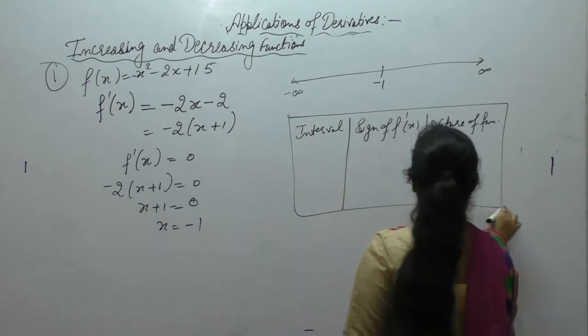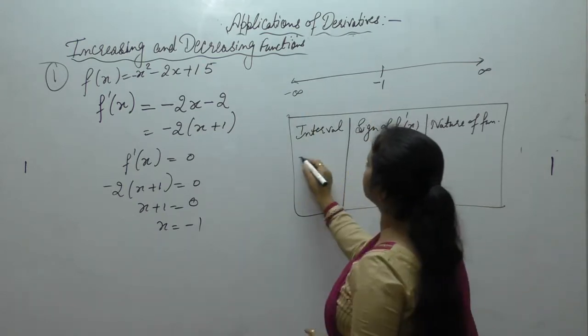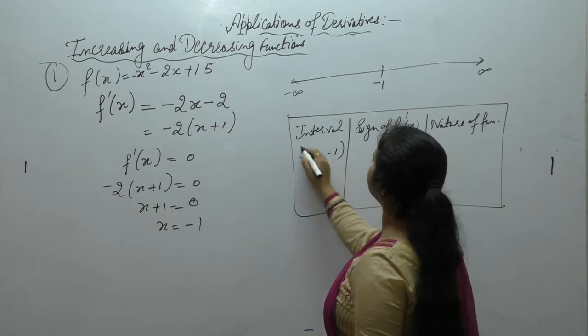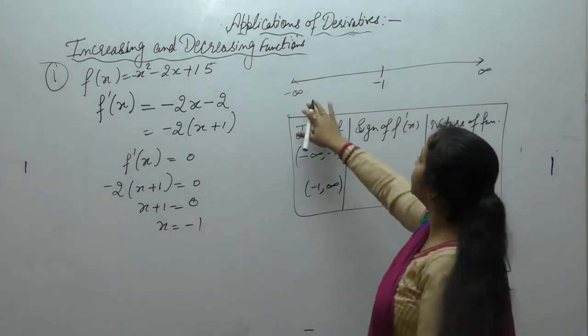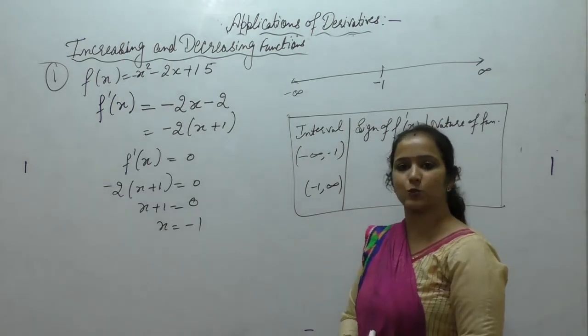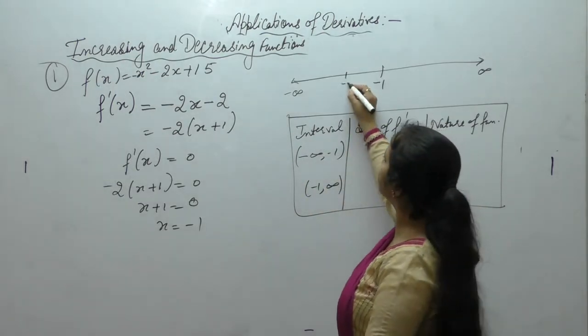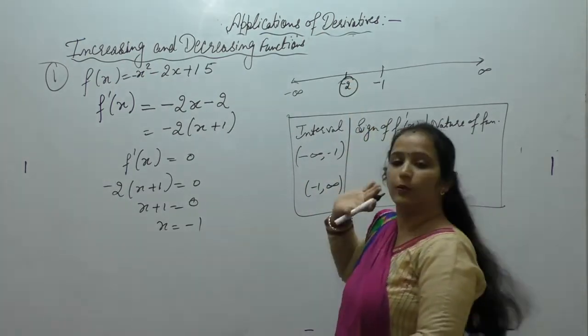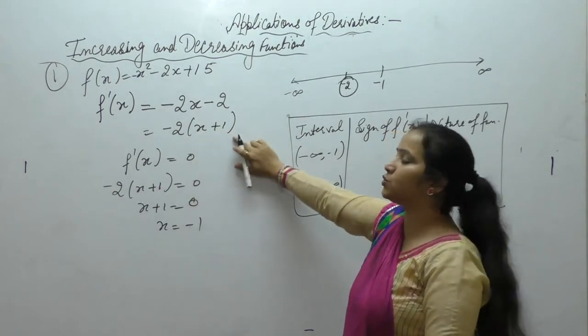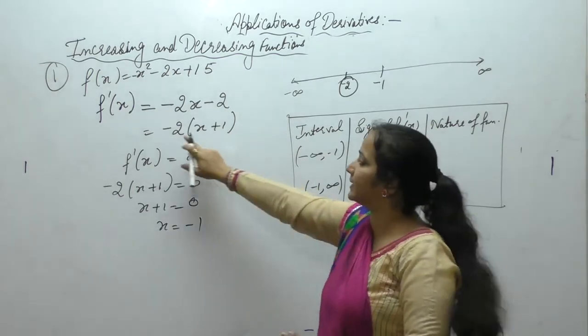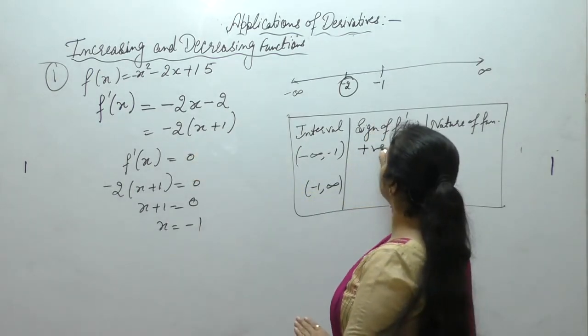Now, the first interval is minus infinity to minus 1 and the next interval is minus 1 to infinity. Minus infinity to minus 1, take any number between this, let it be minus 2. Put this value in f dash x. Minus 2 plus 1, minus 1, negative.